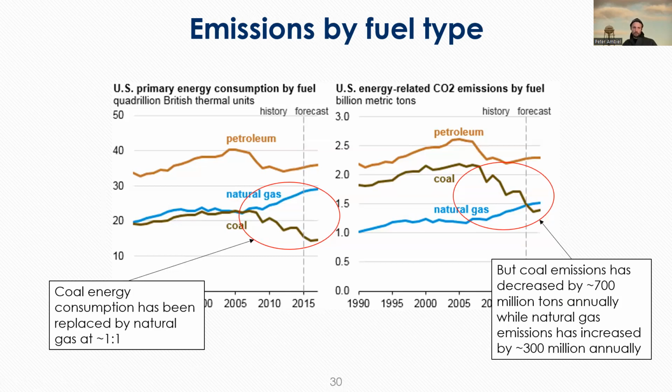Eventually we'll want to switch out of natural gas to be a totally sustainable system in terms of emissions, but it has been quite a big boon in decreasing emissions, because it has allowed us to switch away from coal, which is one of the dirtiest things that we could do.